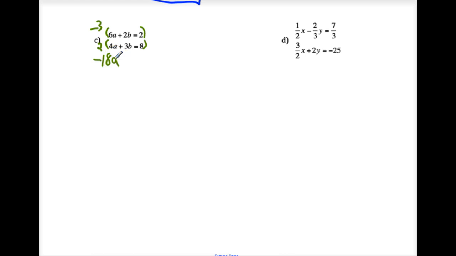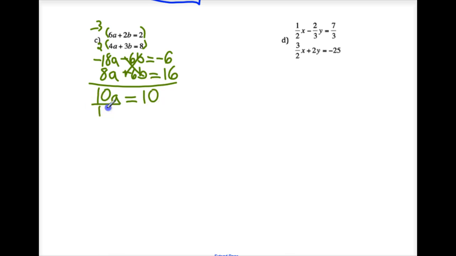A minus 6B equals negative 6. And then the A cancels out, and you have 10A equals 10, divided by 10.